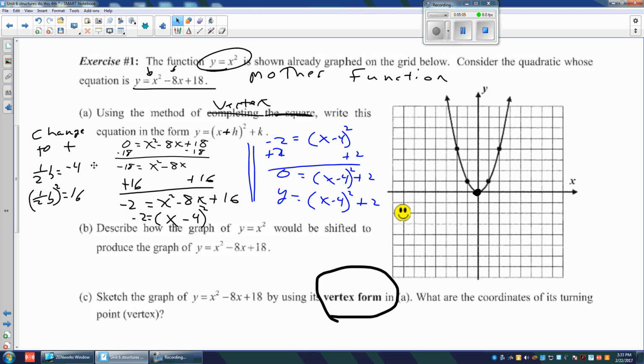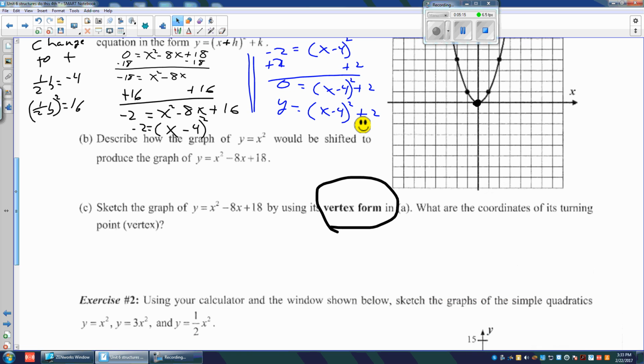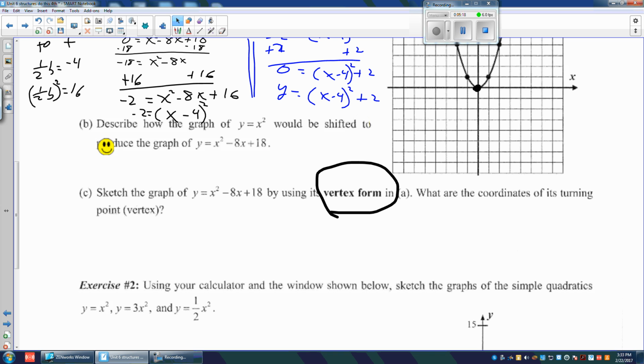Hang on, you're contradicting yourself all the time. Before, Mr. Bryce, you said that you like the plus version. Yes, I like the plus version. And we are going to find out right here for question number B. Question B. Describe how the graph of y equals x squared would be shifted to produce this graph of the one that we just put into what form?